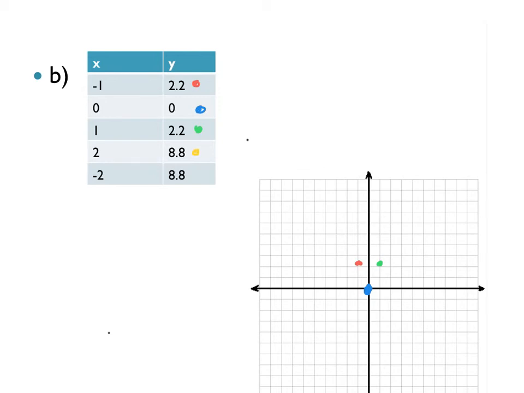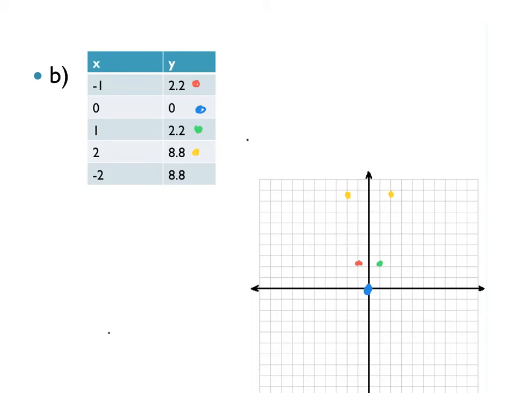You have a 2, 8.8. Somewhere, it's really close to 9, okay? And then you also have a negative 2, 8.8. You always want to graph these first because it might not be linear every time.